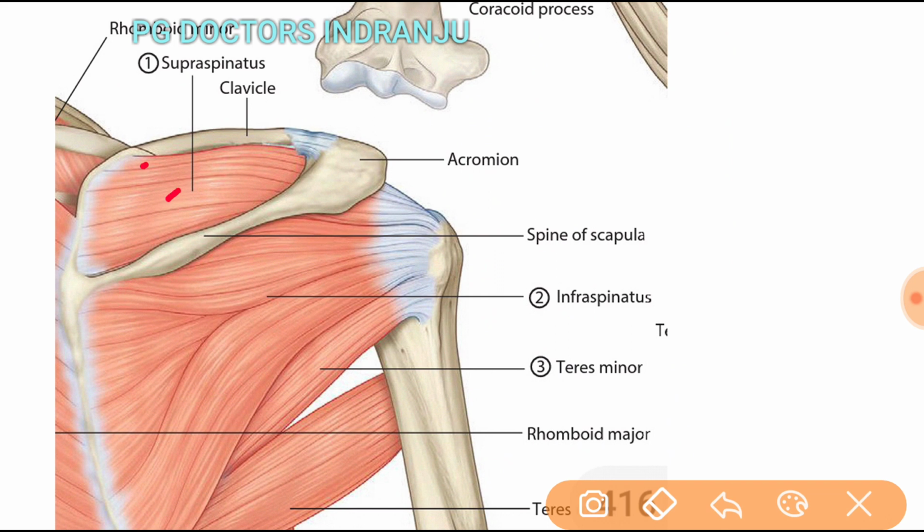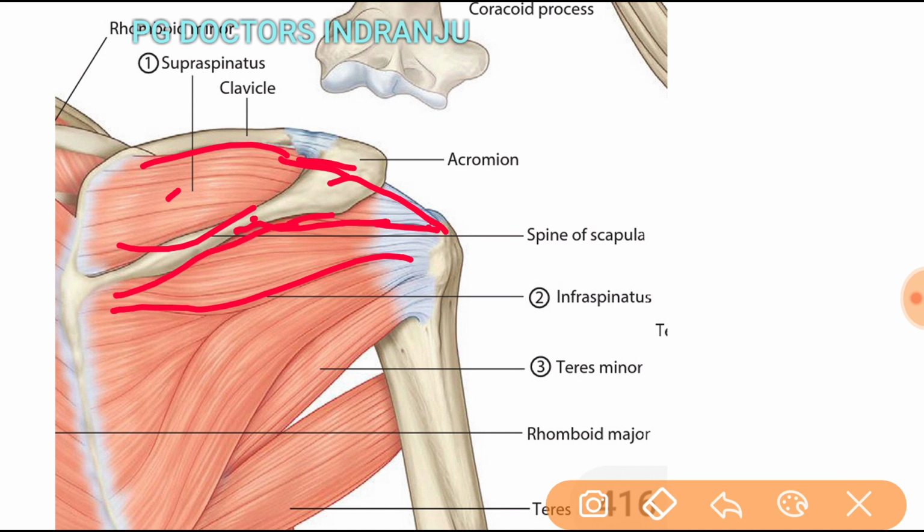The supraspinatus passes under the acromion process and attaches to the greater tuberosity of the humerus. The infraspinatus is inferior to the spine of the scapula, so it is infra, and superior to that is the supraspinatus.